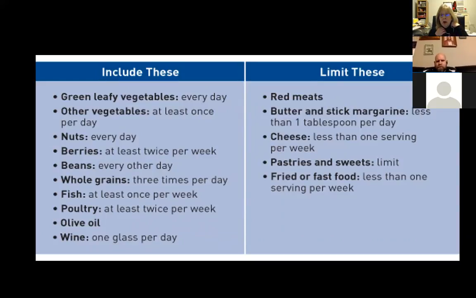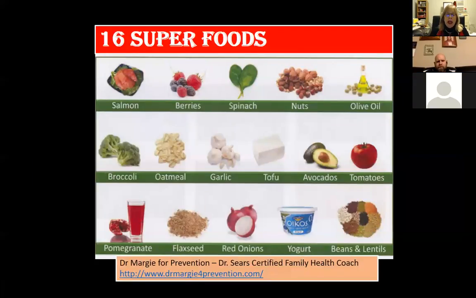To give you an example, where I was just recently, they had cheese at every meal, 2 or 3. Definitely fried or fast food, less than 1 serving a week. So these are things you can think about. How could I decrease my inflammation by doing the foods on the left instead of the foods on the right?